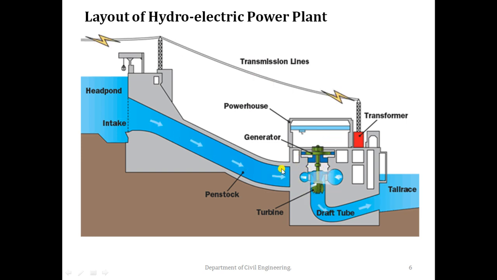As the turbine rotates, the generator also rotates, and we know by the law of physics, if there is a change in magnetic field, an EMF is induced, thus electricity is produced. Once the water has worked over the turbine, it goes to the tail race through the draft tube.